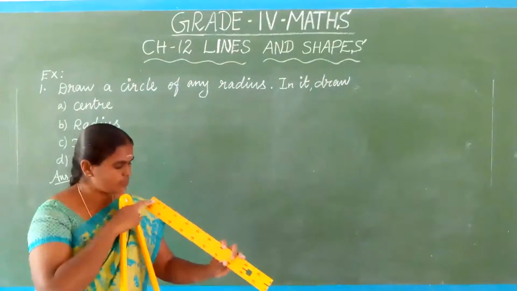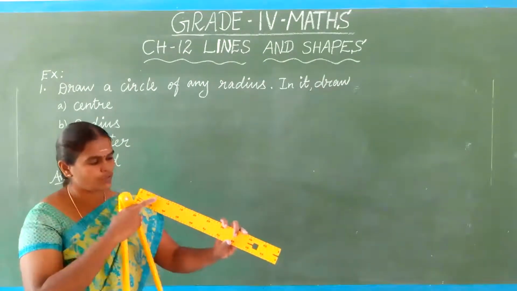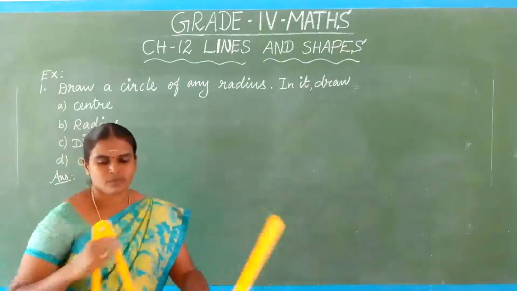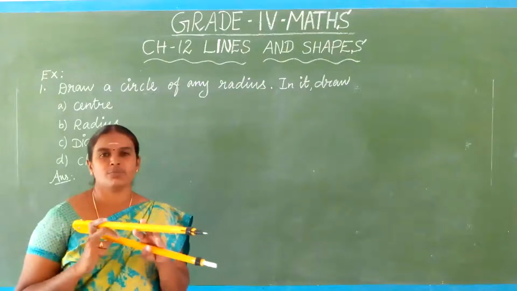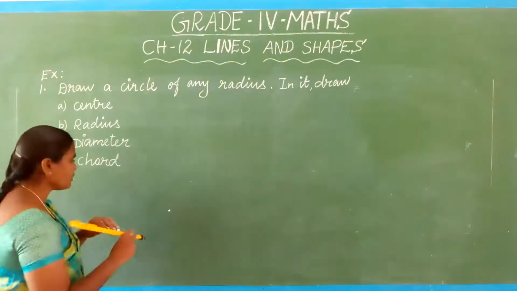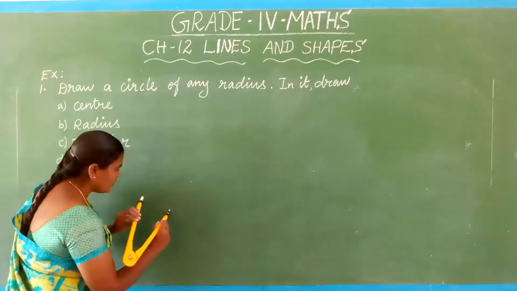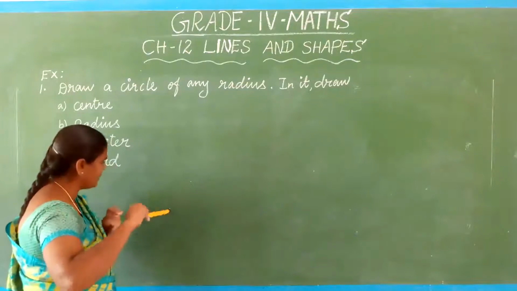Here 5 means 0 to 5 centimeter: 1, 2, 3, 4, 5 centimeter. So this is the distance. I will take 5 centimeter or 10 centimeter. So I will take 10 centimeter. Keep the needle on the point and draw one circle.